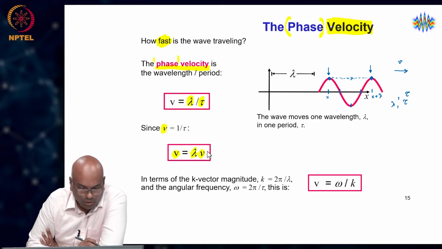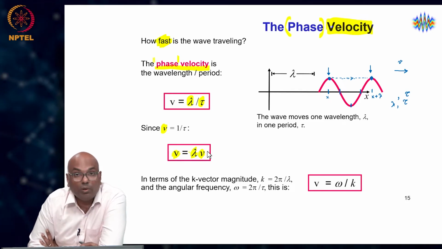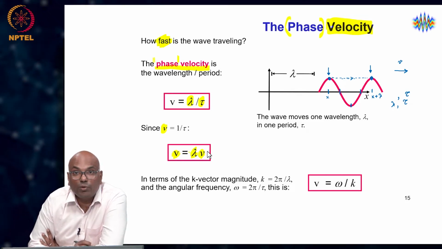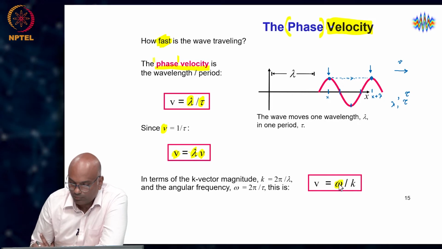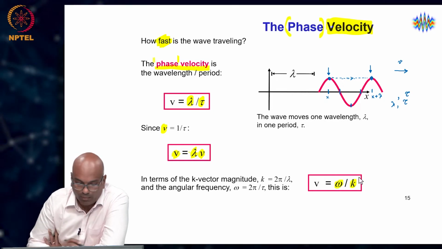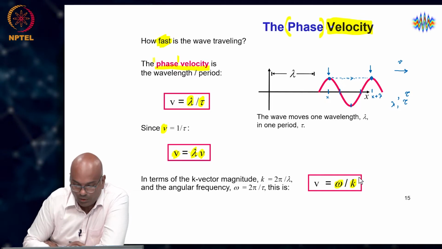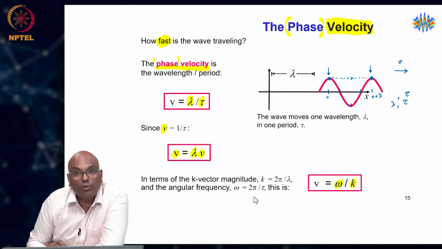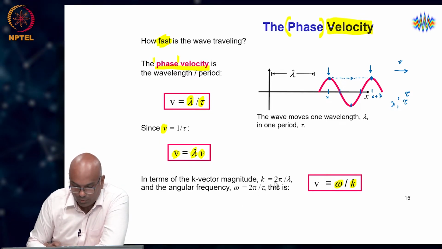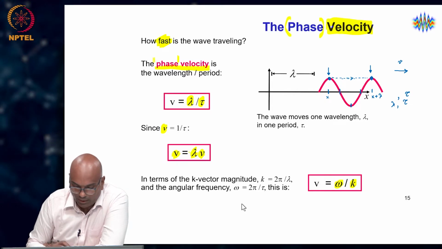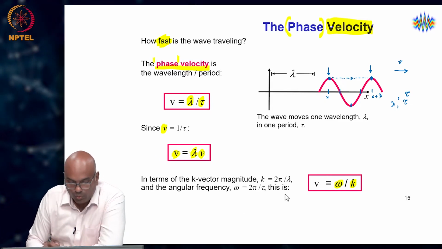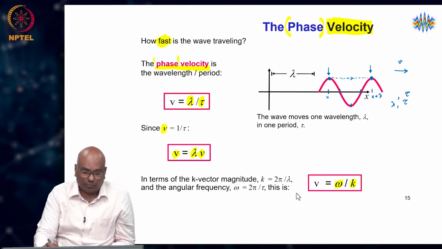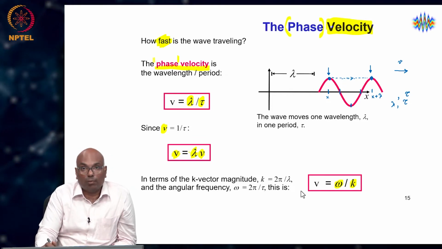Okay. So, we can write down the magnitude of the velocity of the wave as omega by k, here substituting lambda to be equal to 2 pi divided by k, or nu to be equal to omega divided by 2 pi.